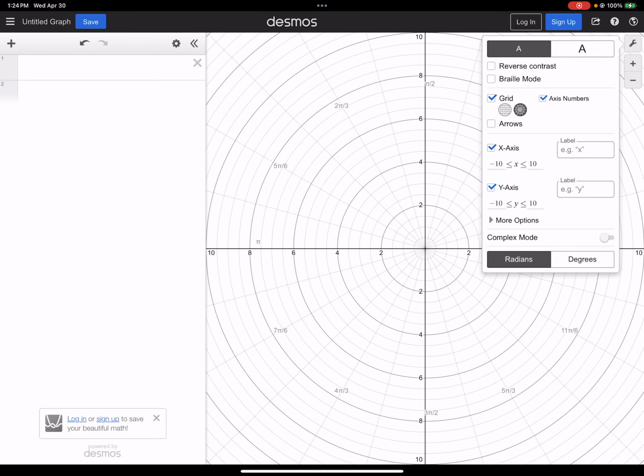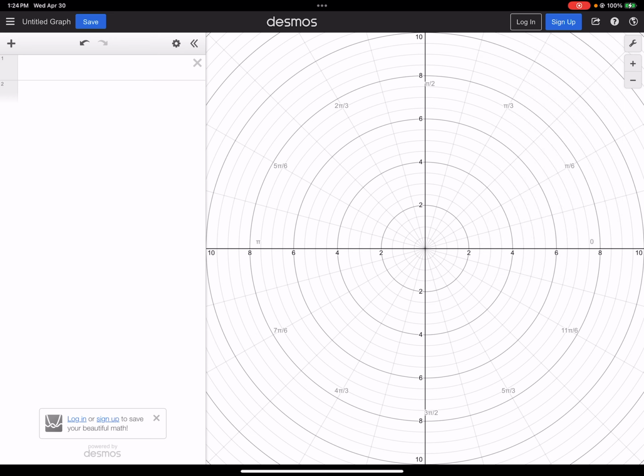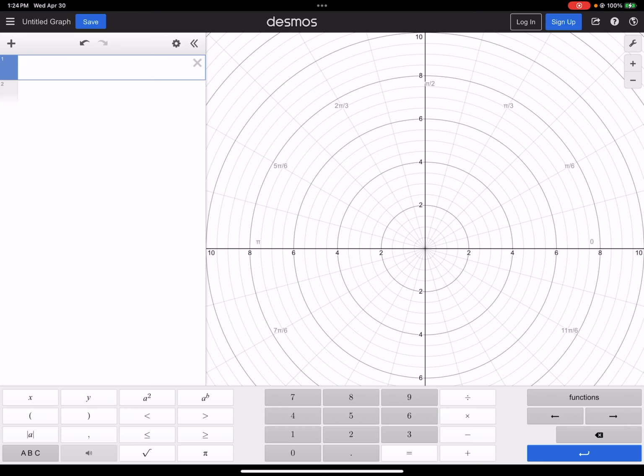That doesn't mean it's in that mode when you start typing equations. I can make the graph paper look polar, but I can't enter a polar equation and have it graph appropriately. The first couple of questions are just asking you to graph a point on the polar grid, so I'm going to enter this a special way.